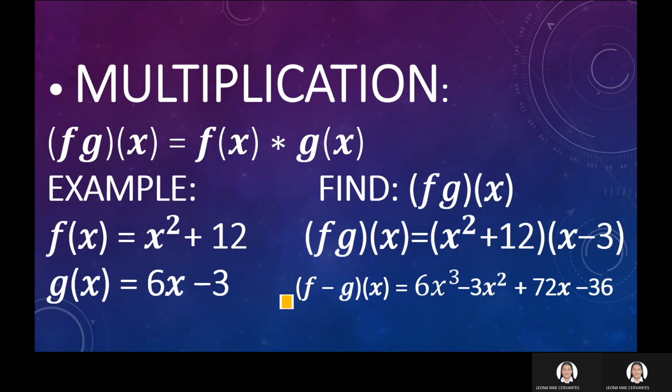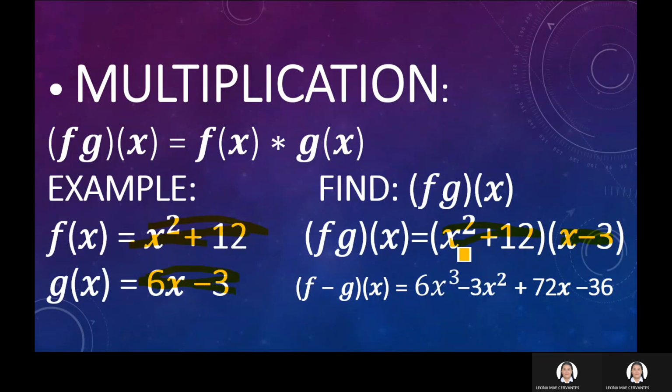So for example, the value of f of x is x squared plus 12, and the value of g of x is 6x minus 3. Find f times g of x. So we have x squared plus 12 times 6x minus 3.